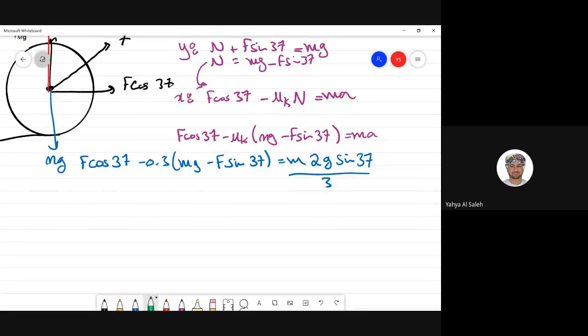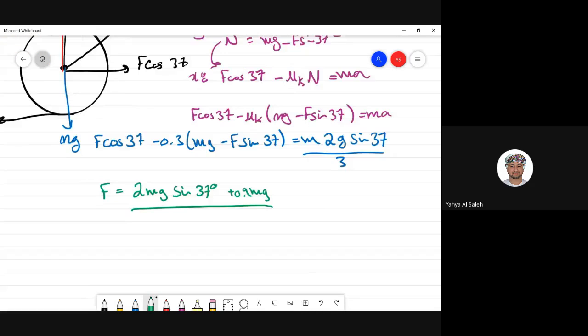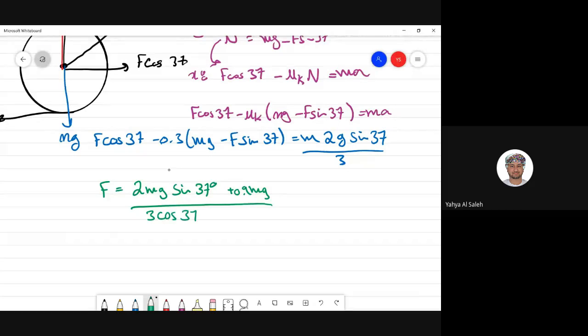So I will get F equals 2 mg sine 37 degrees plus 3 mg, well, 3 times 0.3 will be 0.9, so 0.9 mg, divided by 3 cosine 37 degrees plus 0.9 sine 37 degrees.